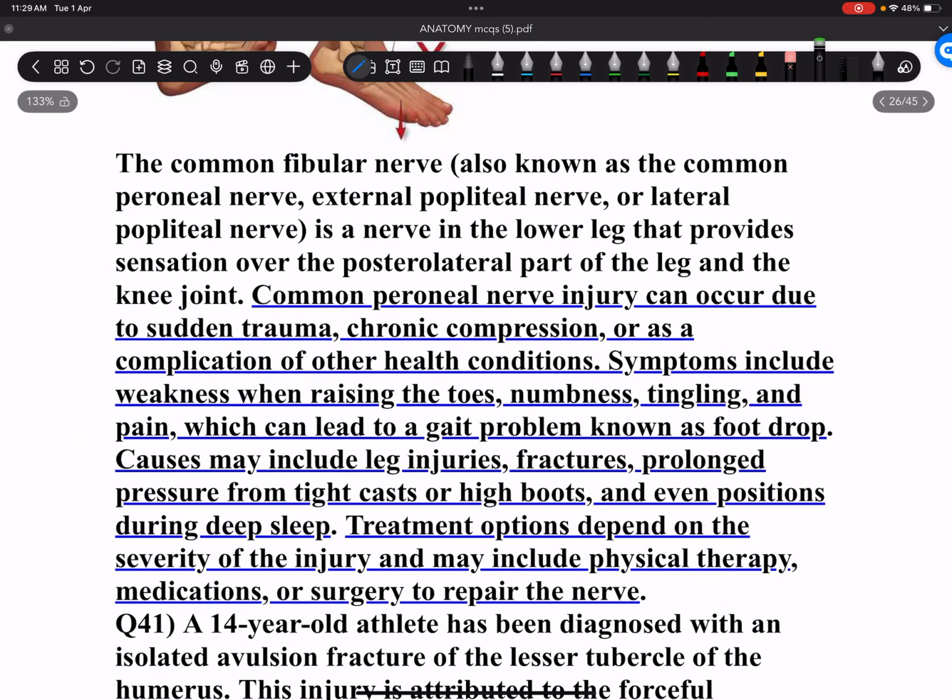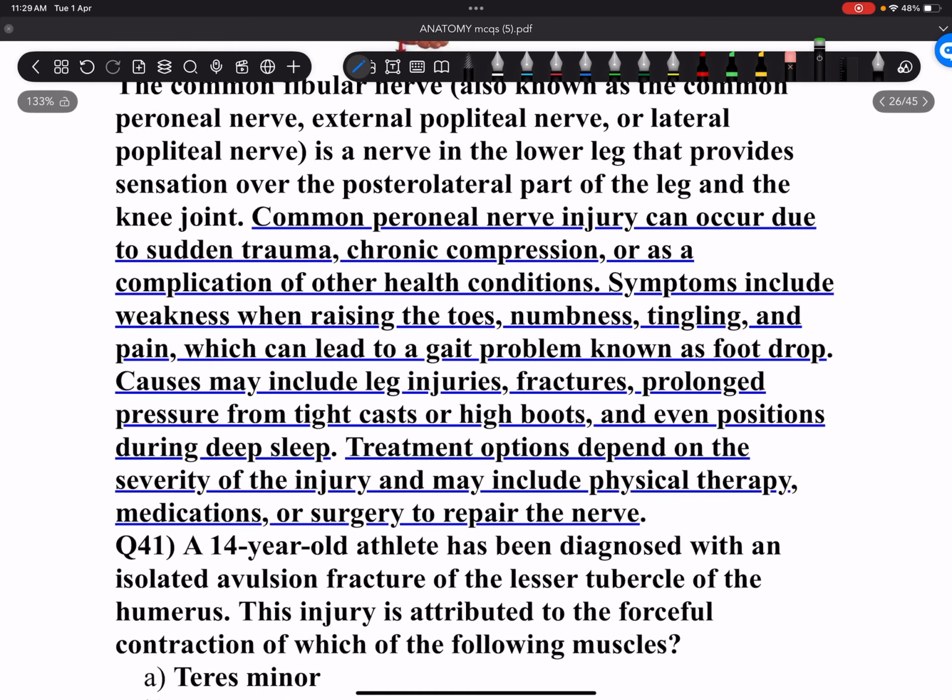Common peroneal nerve injury can occur due to sudden trauma, chronic compression, or as a complication of other health conditions. What symptoms does it include? It includes weakness when raising the toes, numbness, tingling, and pain, which can lead to a gait problem known as foot drop.